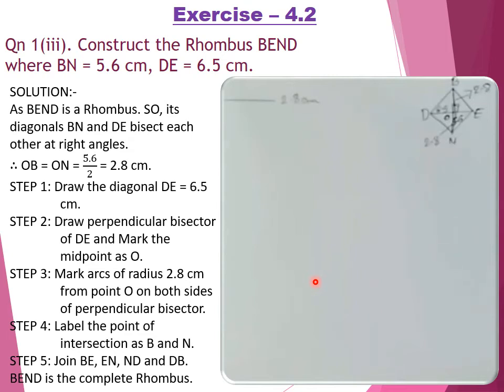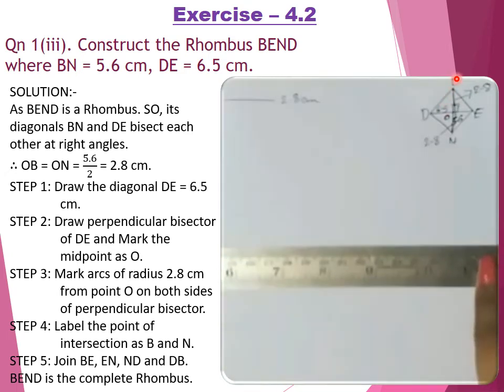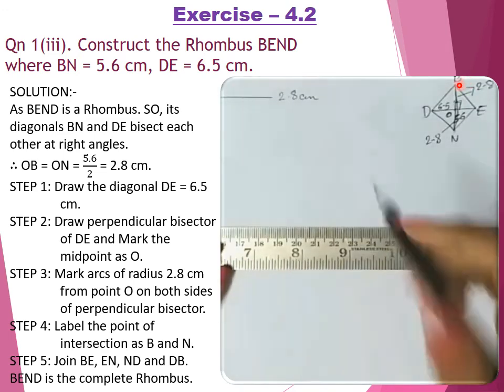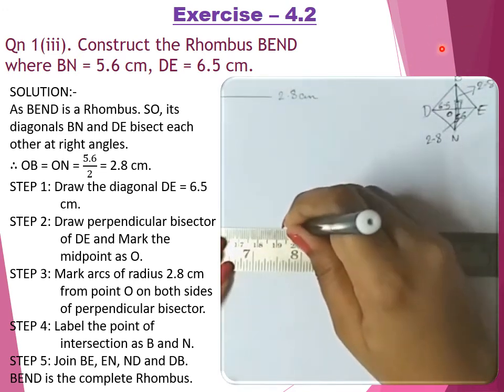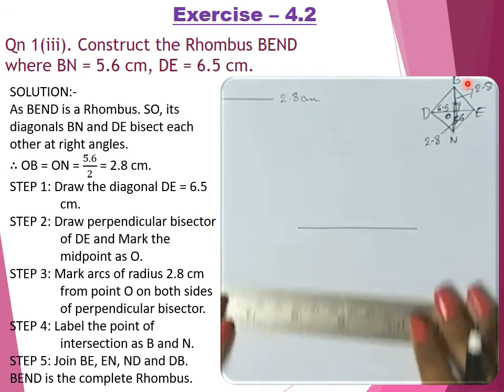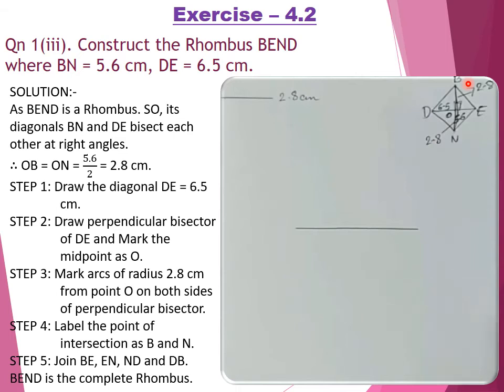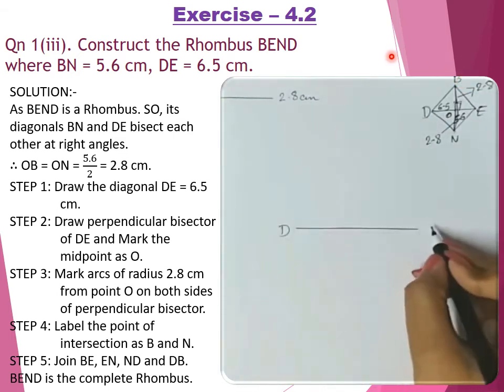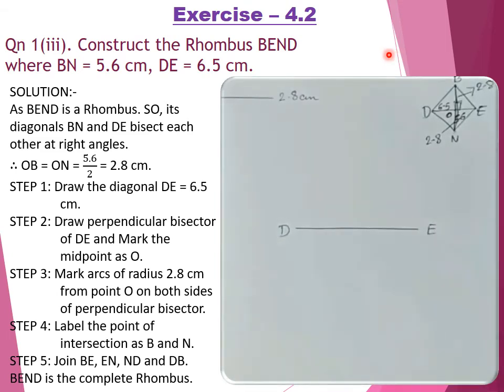So to construct this particular quadrilateral, let us first construct the other diagonal, which is of length 6.5 centimeter. So we'll draw a straight line of length 6.5 centimeter, and according to the rough diagram, the ends will be DE.